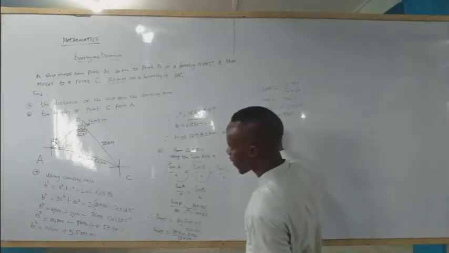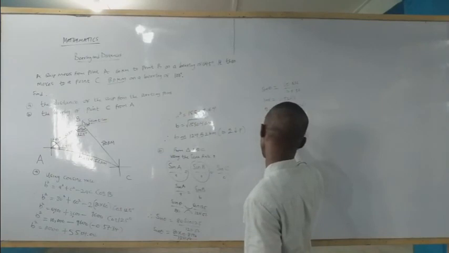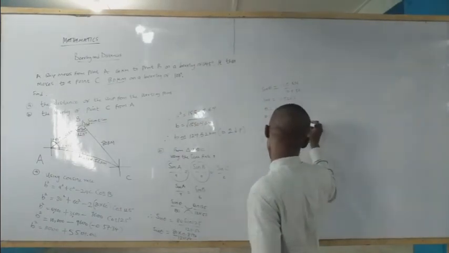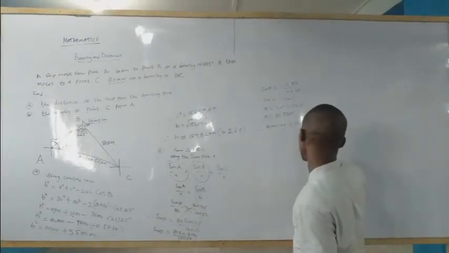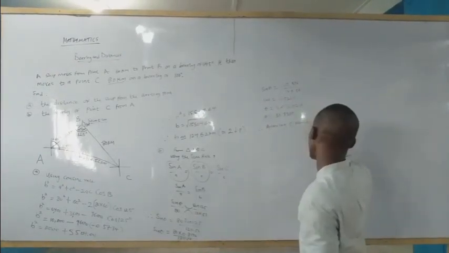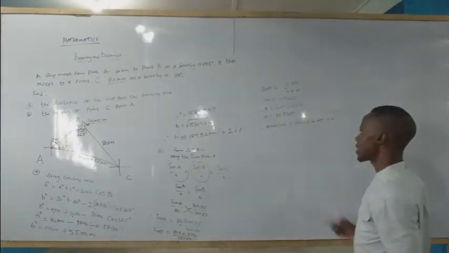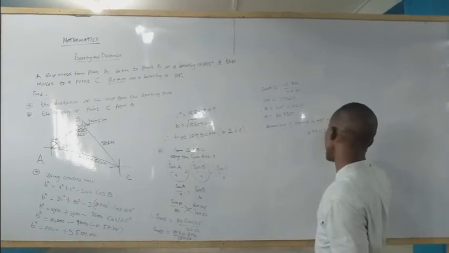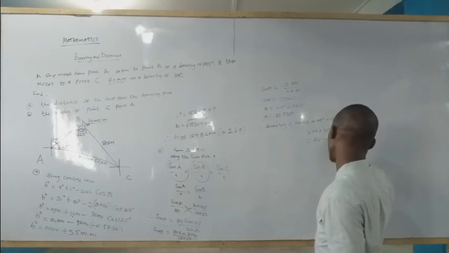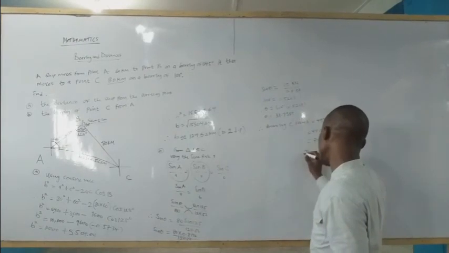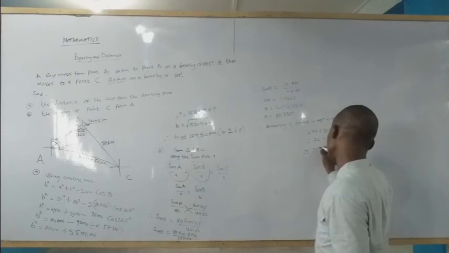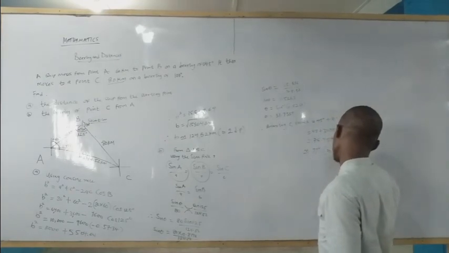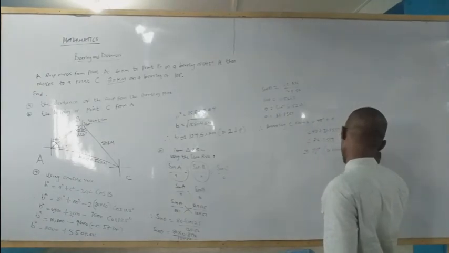So bearing of C from A is then equals to 45 plus theta, and our theta is what? 31.7559, which is equals to what? 45 plus 31.7559, which is then equals to 76.7559, which is approximately equals to 77 degrees to the nearest degree.